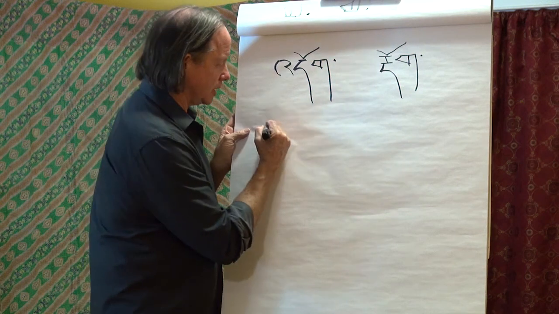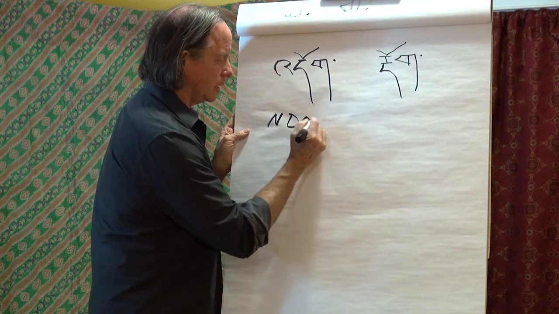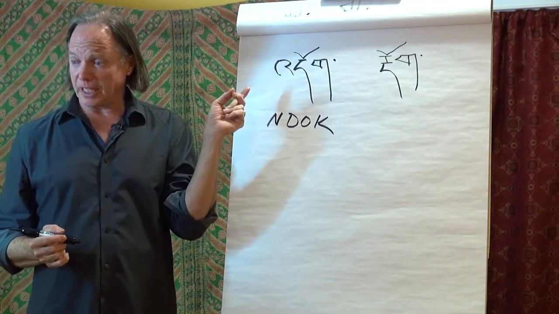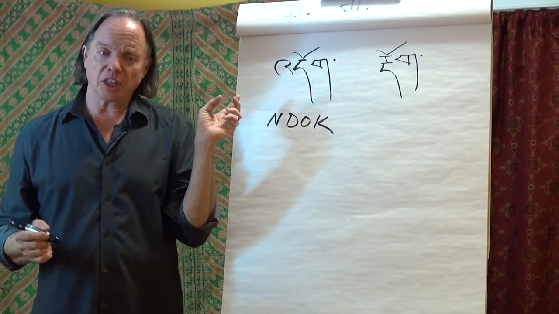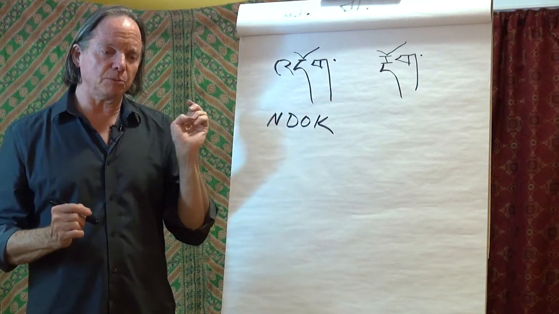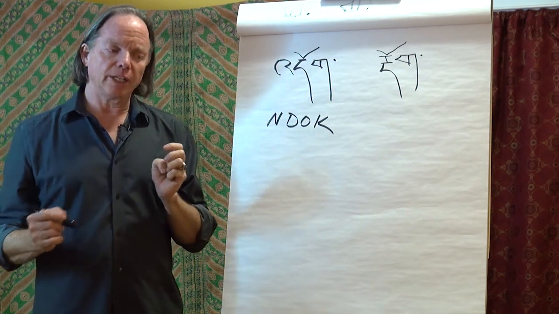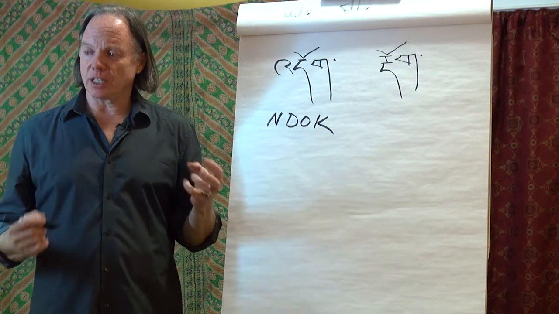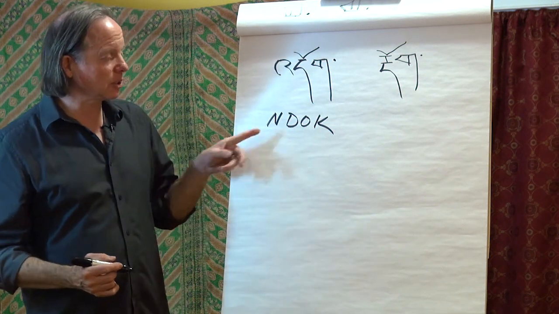So it sounds like ndok, okay? That's the effect of this particular prefix letter, which we'll learn later. It causes a thing called prenasal. Prenasal means an N sound, or an M sound, or a na sound, just before another consonant. So say ndok.